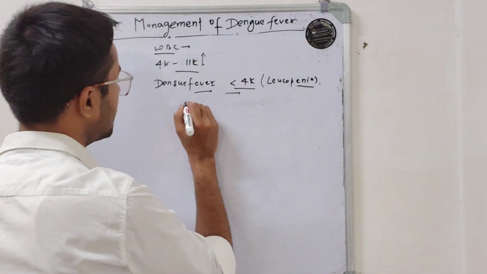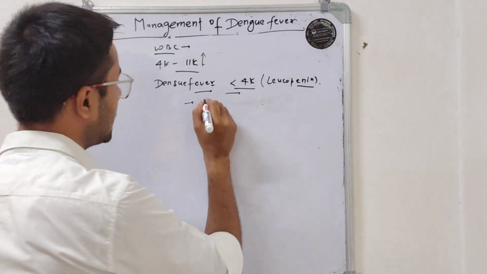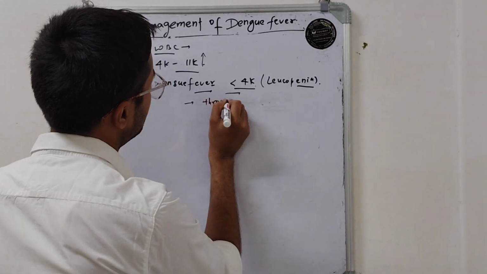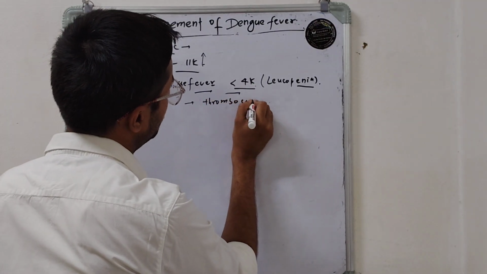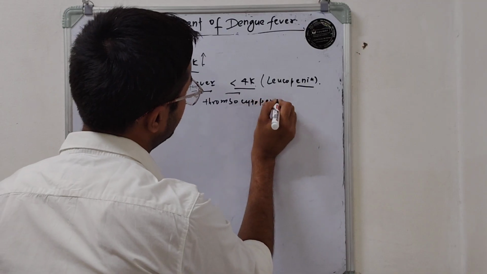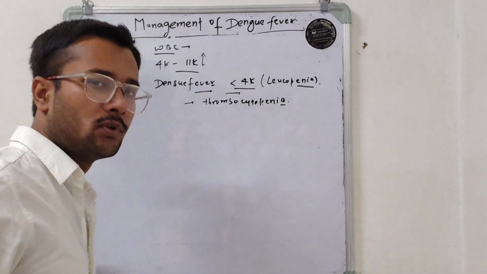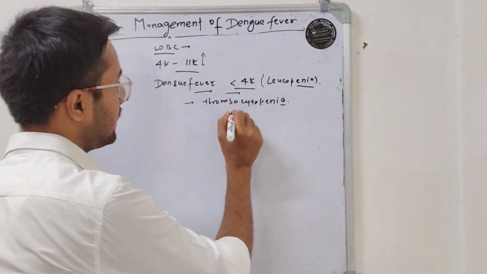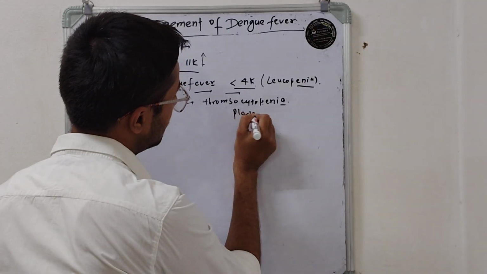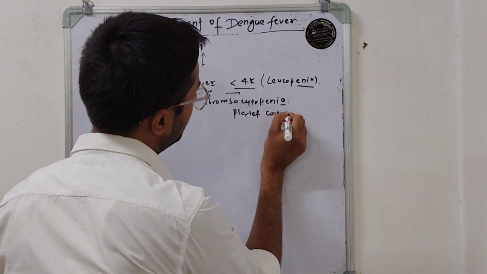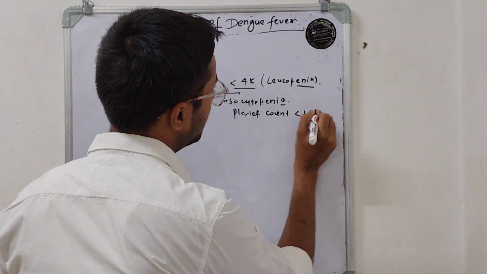The other thing is that the patient has thrombocytopenia. Sir, what is the meaning of thrombocytopenia? Thrombocytopenia means the platelet count is less than 1.5 lakhs.